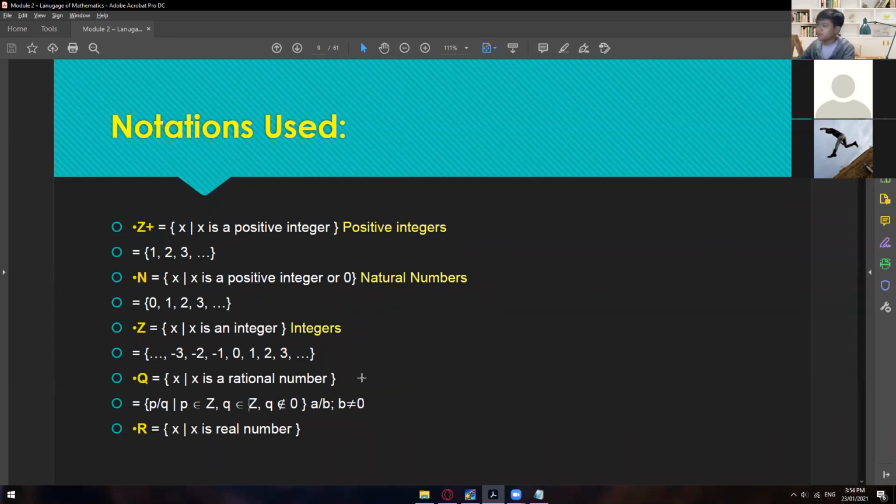Can you guys hear me? So any number that we can think of, such as irrational numbers. Actually, any number that you can imagine, it could be pi, imaginary numbers, those are real numbers. Everything, any number that you guys can think of, those are real numbers.